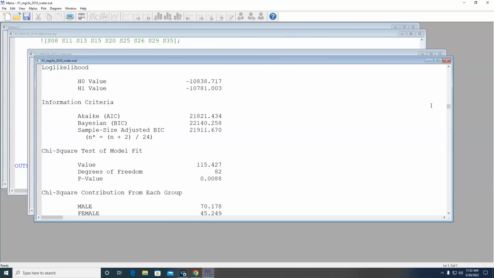We can just look at the sample statistics. So the variance for S26 is 2.767 for males. And for females, it is 1.974.